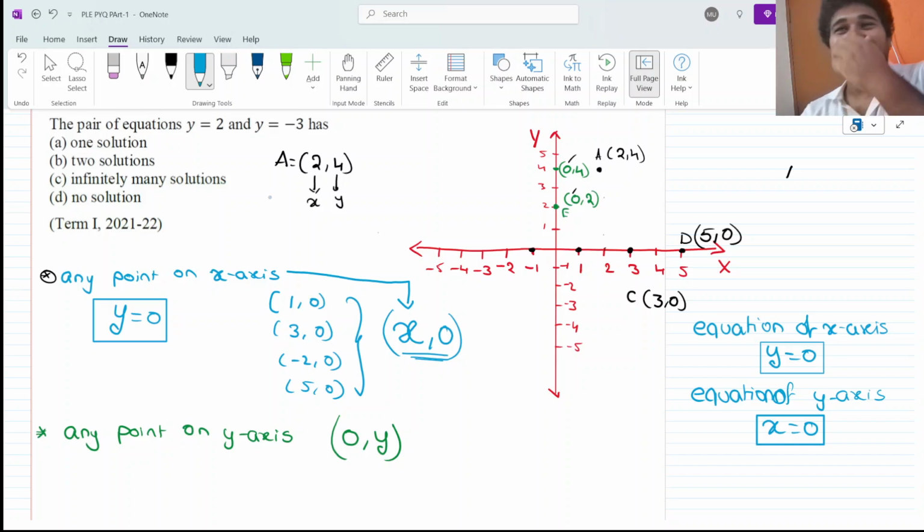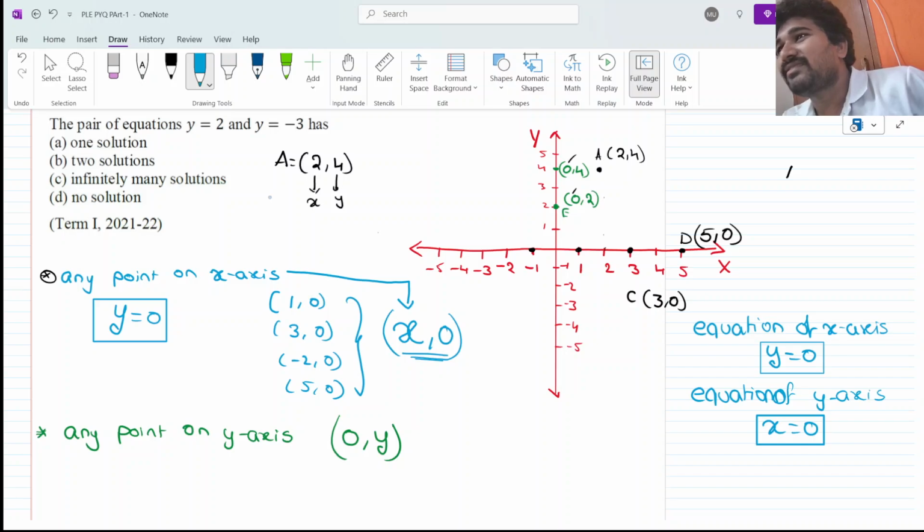Okay. So, equation of the x-axis. Why confusion? Equation of the x-axis. Equation of the y-axis. He is correct.